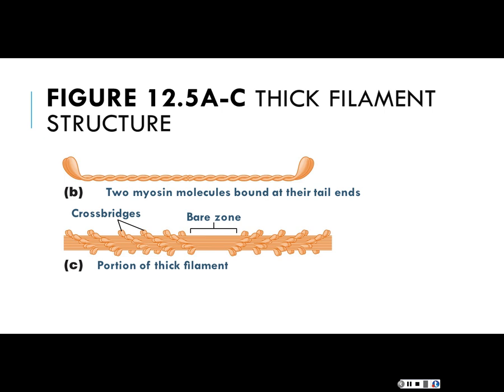So figure 12.5 will hopefully address the question that you had. That yes, there are two heads on a single myosin molecule, but then to make up the actual thick filament, they take a lot of these and bundle them together. So maybe a visual, I don't know if it's good or not, but think about a straw. I could talk about the anatomy, like a bending straw, right? I could bend the head and bend it, right?